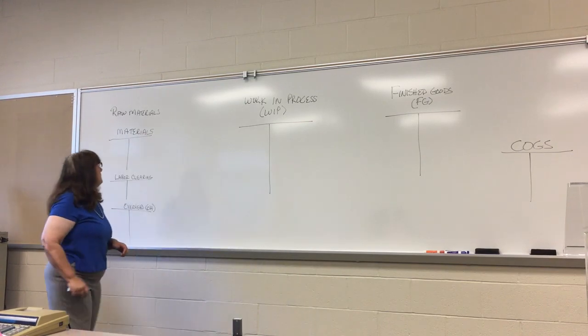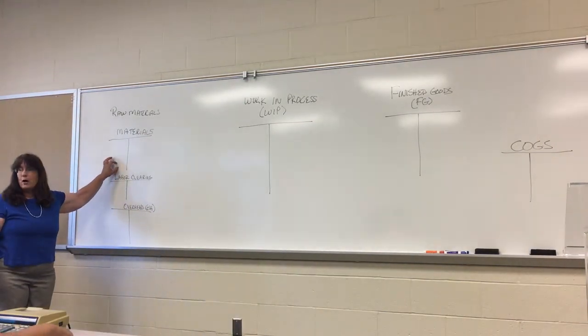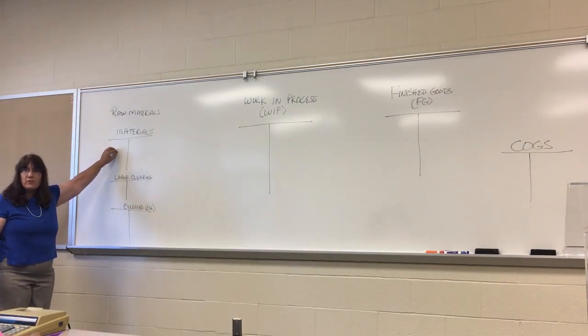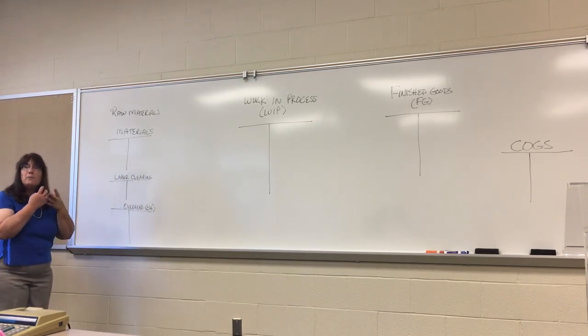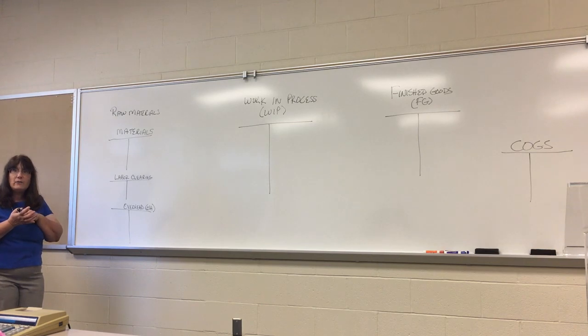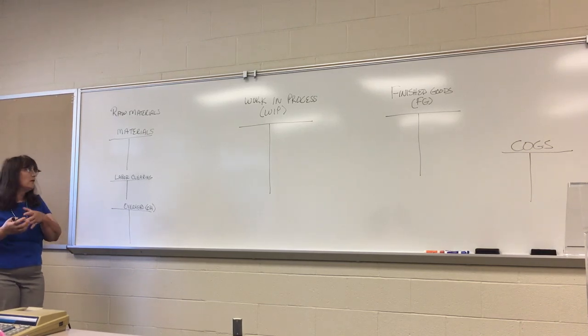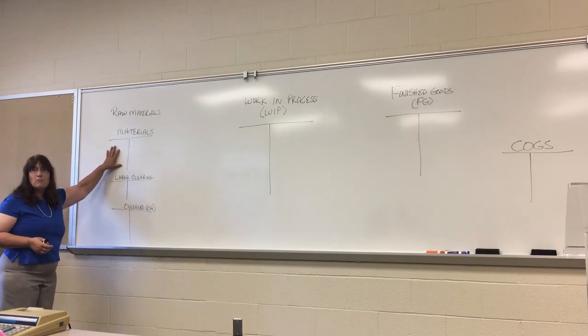Now, materials is going to include all the materials that we have. And so if you have just the lump sums in this materials T account, you don't know specifically how much of material A or how much of material B. So in your project where you're going to work on building dog houses, there's lumber of various kinds, there's shingles, etc. How much lumber do you have?